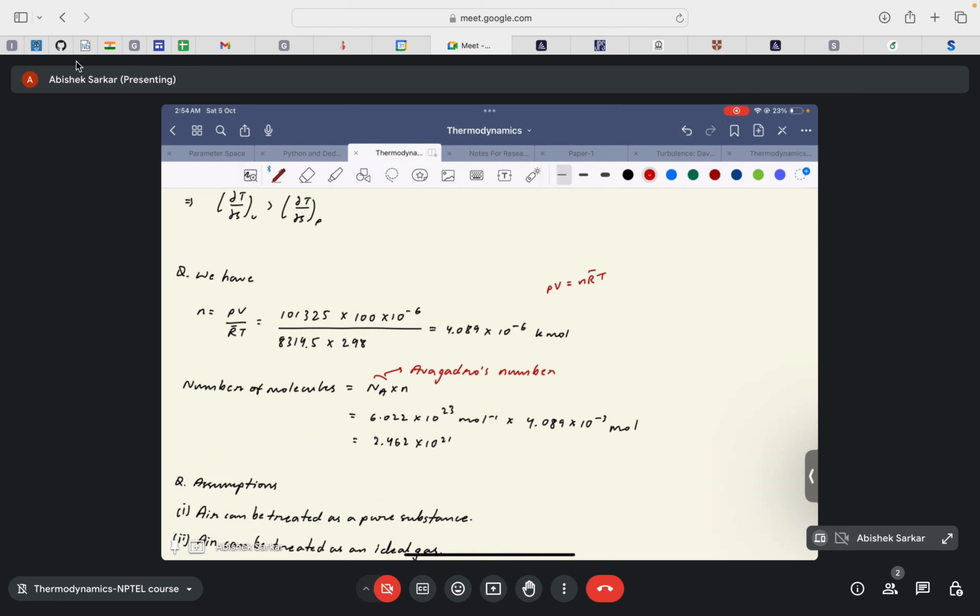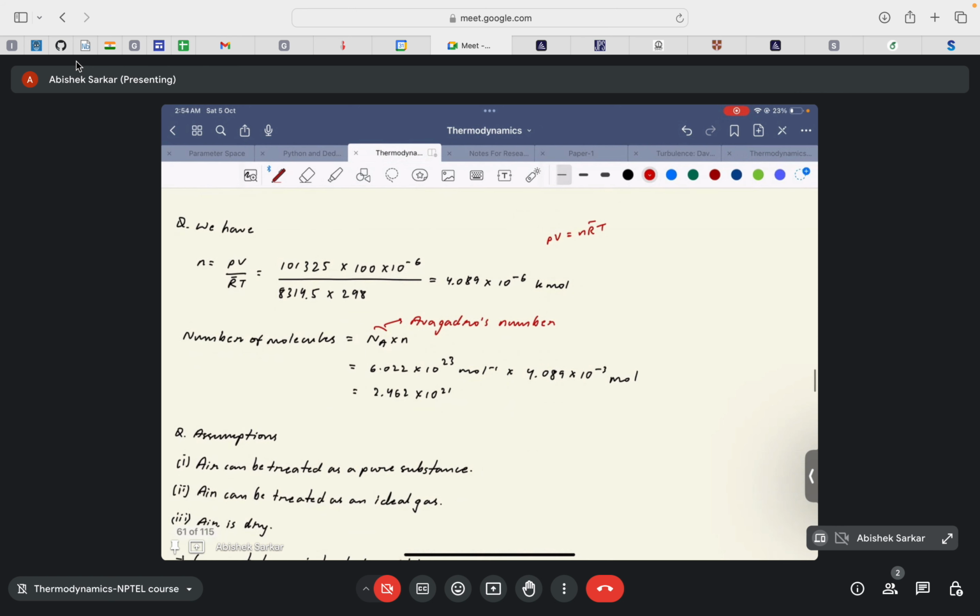If we substitute the values of R bar, T, P, and V, because P, V, and T are already given, and R bar is the universal gas constant, with the appropriate units, you will get that N is equal to 4.089 into 10 to the minus 6 kilomole.